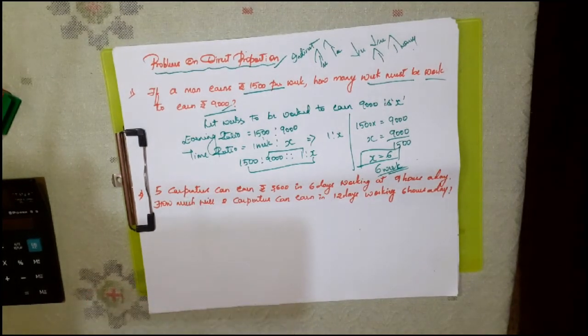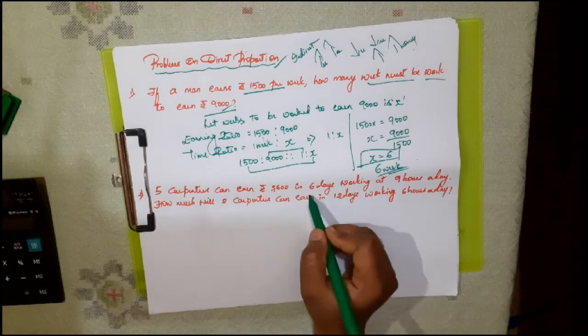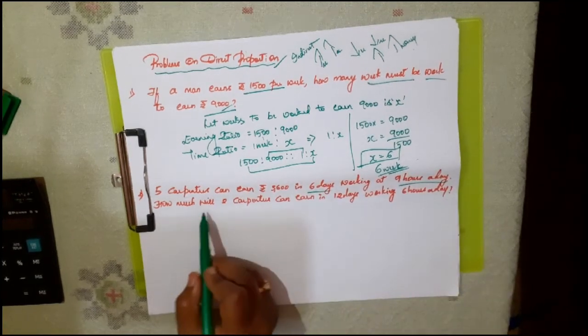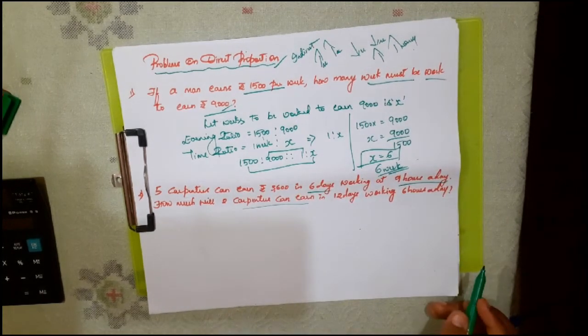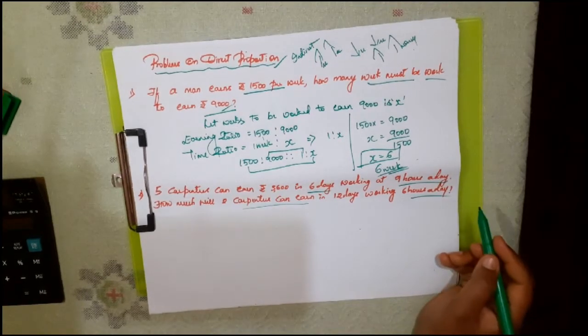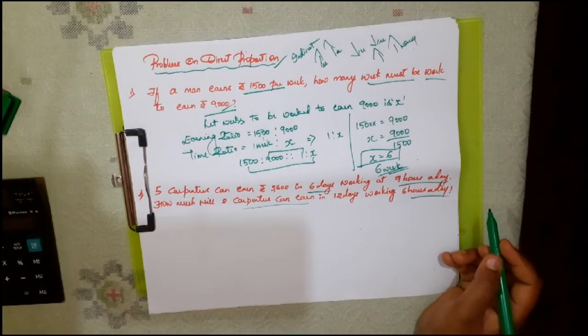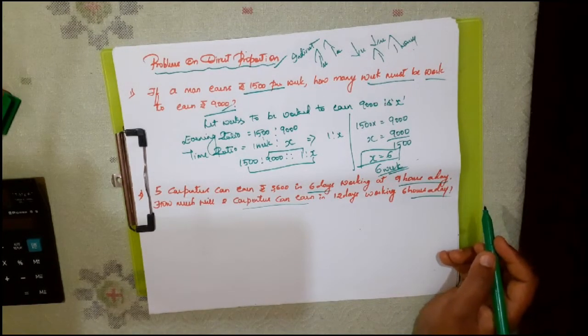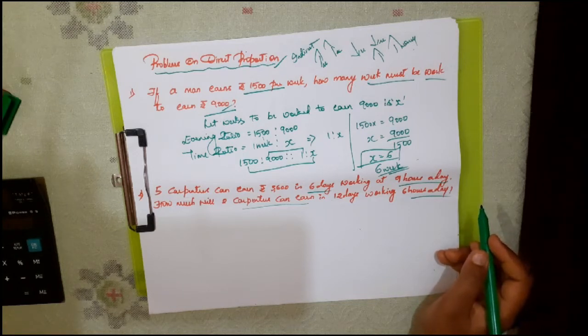Here, look at the question. 5 carpenters can earn rupees 3600 in 6 days working 9 hours a day. How much can 8 carpenters earn in 12 days working 6 hours a day? Here they have given a relationship between work and earnings.